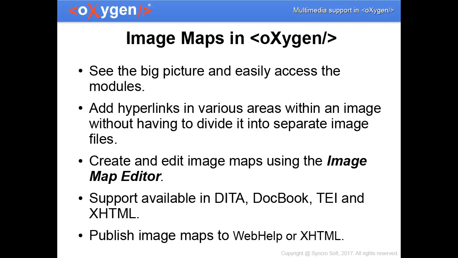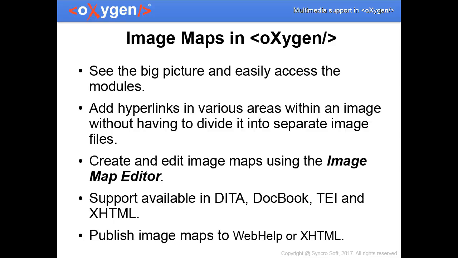And the last point in the multimedia support presentation is represented by the image maps support. About 2.5 months after the previous XML Prague, in 2016, we added this image map support in Oxygen.